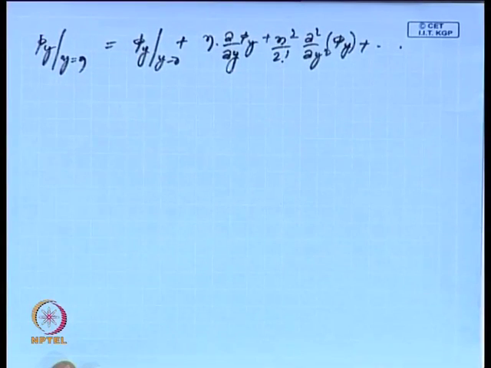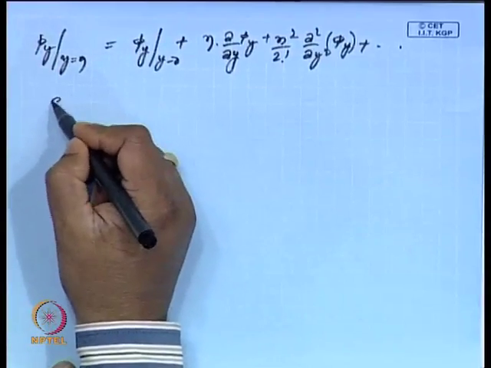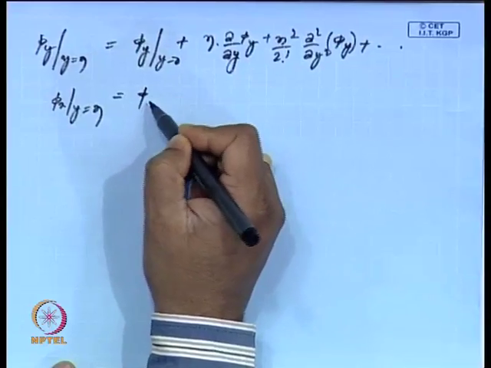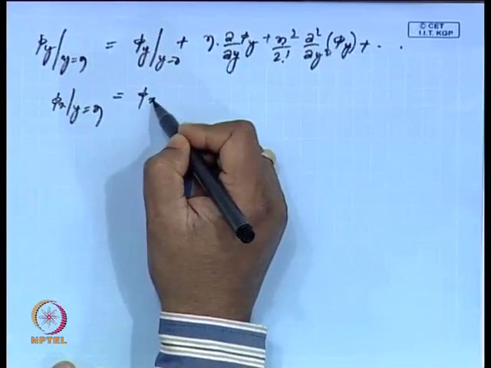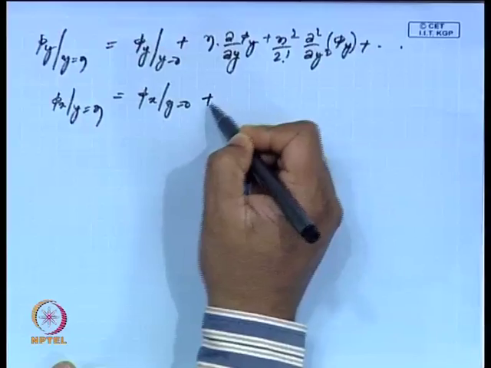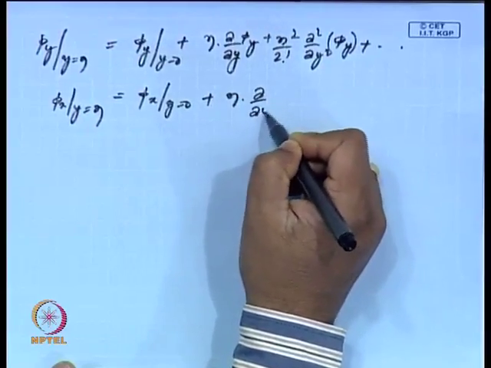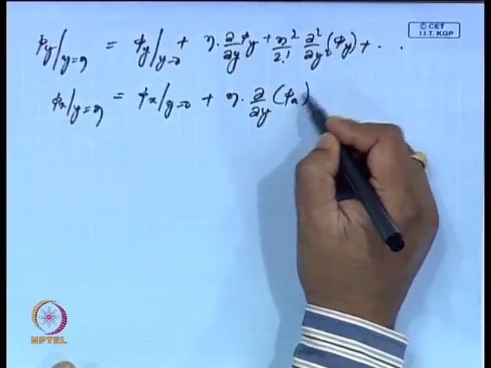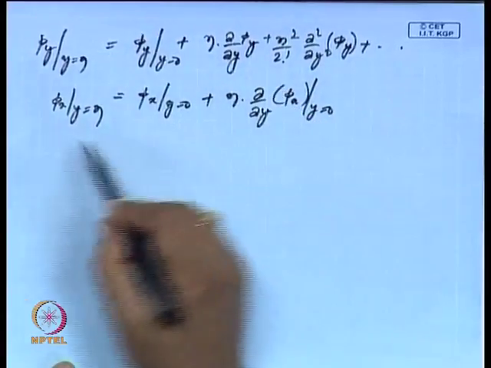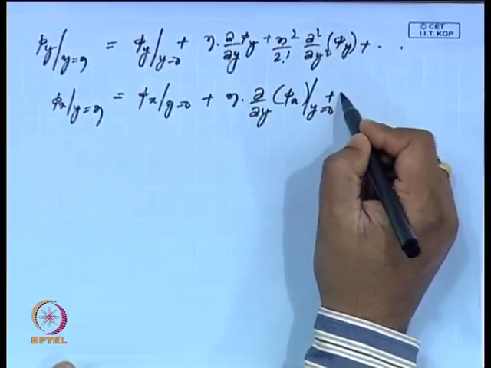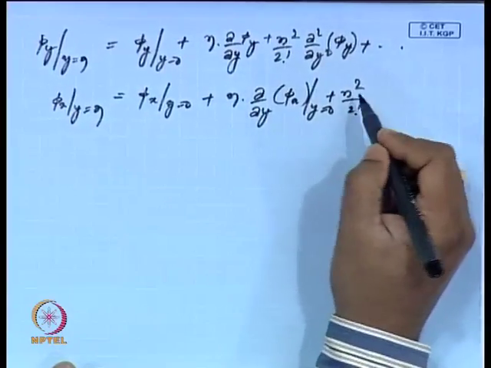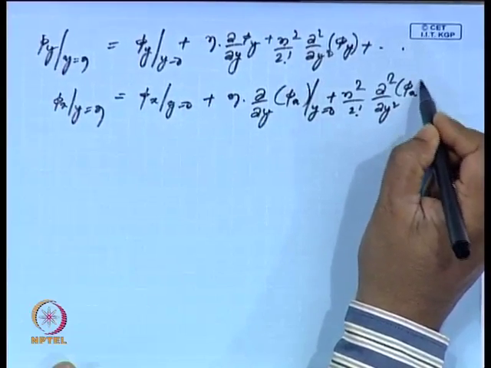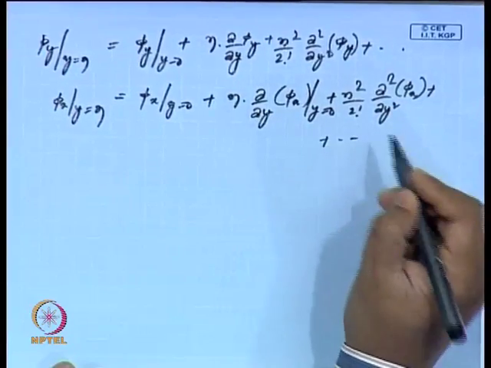In fact, there is a little problem in the previous phi_x at y is equal to eta. Actually it should be this, a minor mistake: phi_x at y is equal to 0 plus eta into del by del y of phi_x at y is equal to 0, because I am taking y is equal to eta, plus eta square by factorial 2 into del square by del y square of phi_x, plus higher powers.